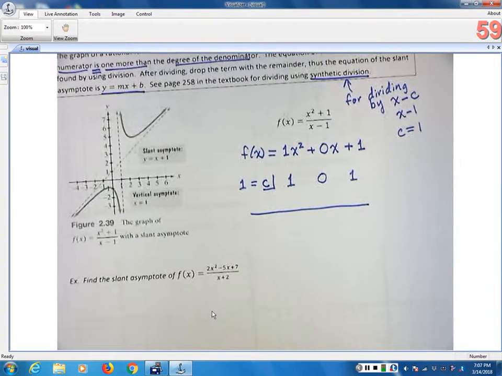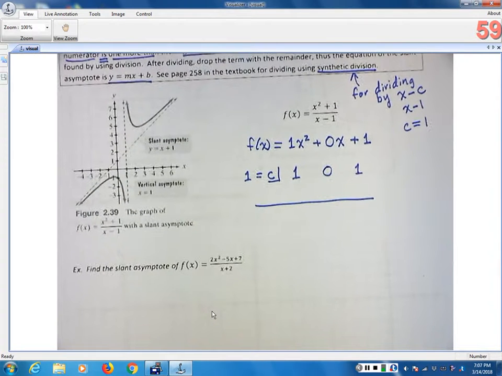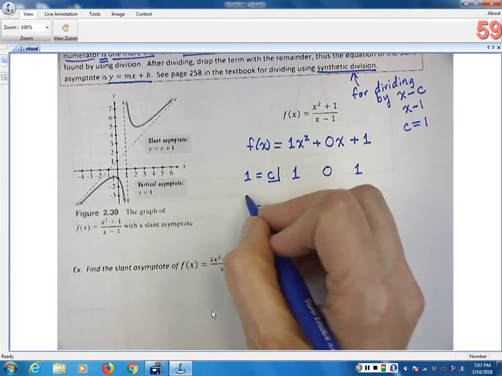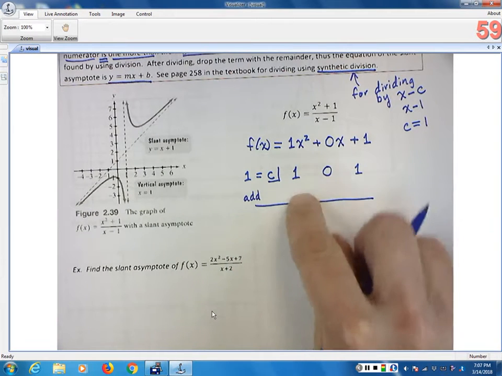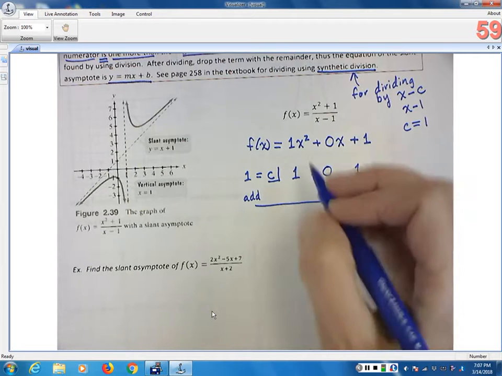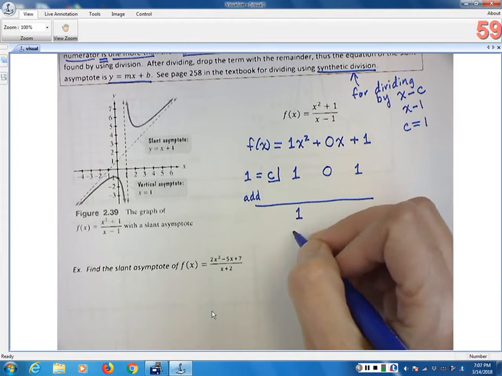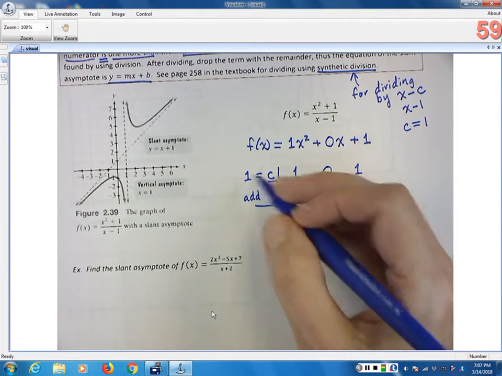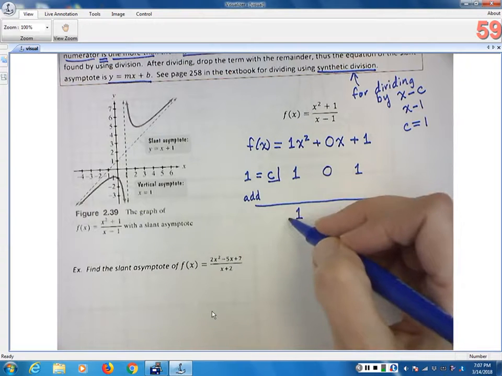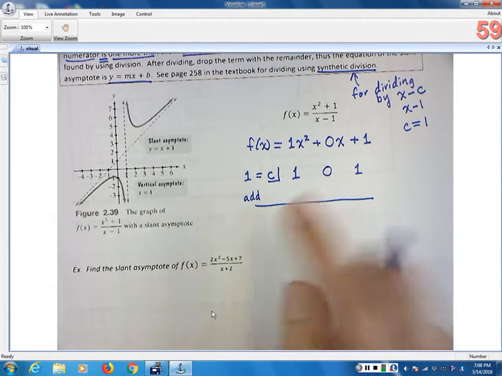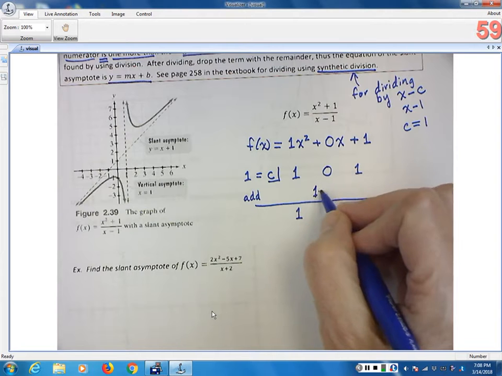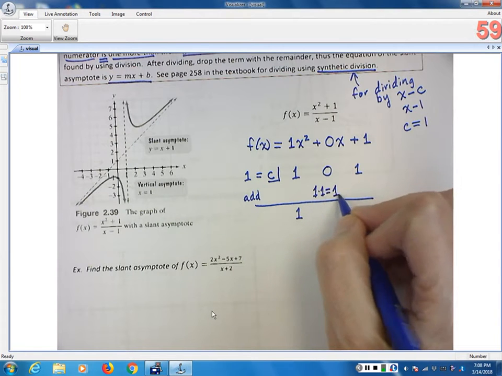Okay. Now, the way this works is we're going to add going down. So 1 plus 0 is 1. And then we're going to multiply to find this number. So 1 times 1 equals 1.